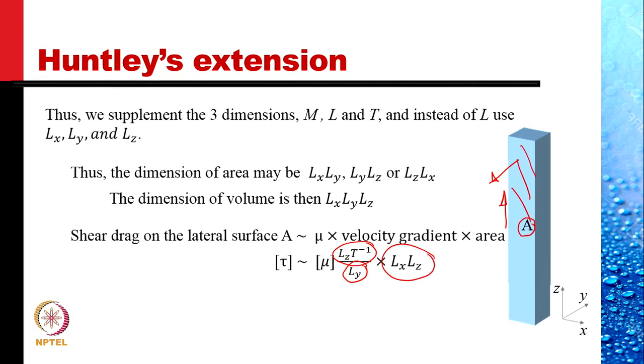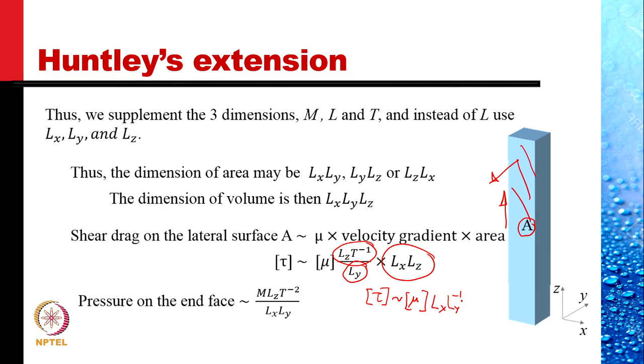So, the dimensions of this would be tau is the same as mu Lx, Ly raised to power minus 1, Lz raised to power 2 t minus 1.